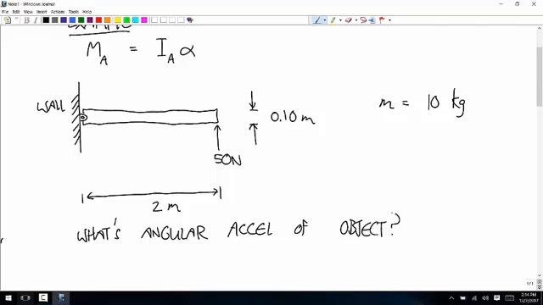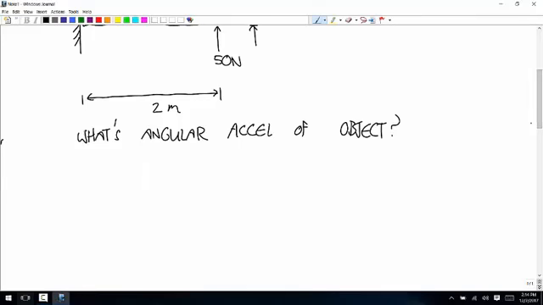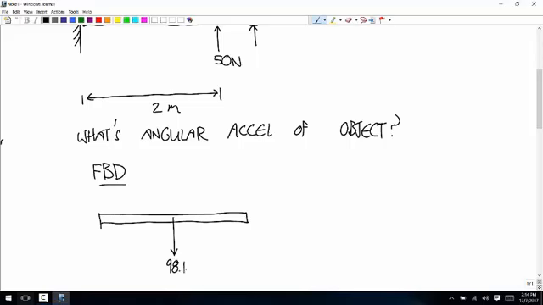So first, I'm going to draw a free body diagram. So what are the forces acting on this? There's weight that acts at the center. And that's 10 kilograms times 9.81, so 98.1 newtons down.